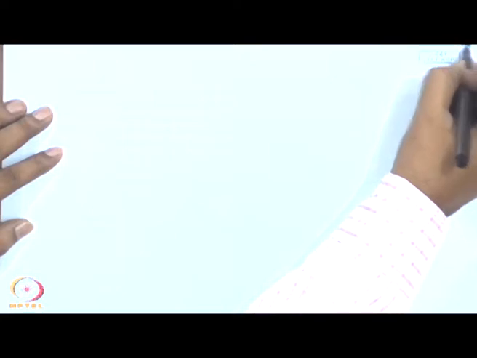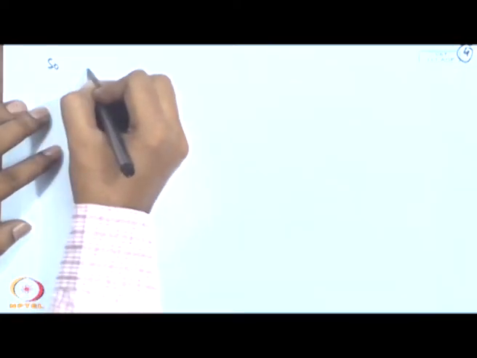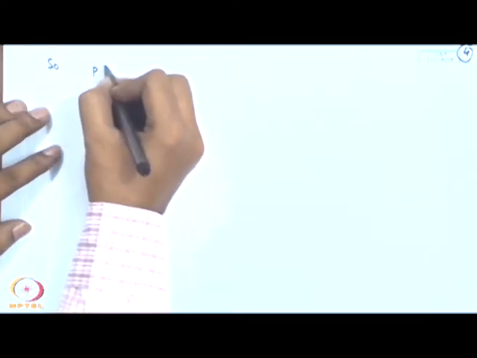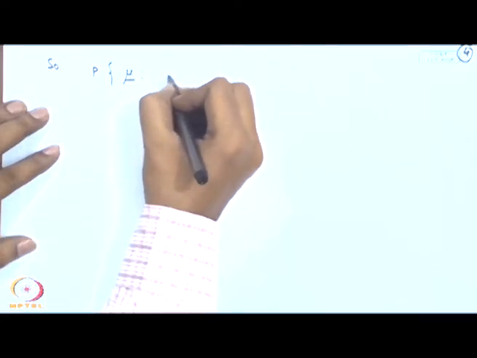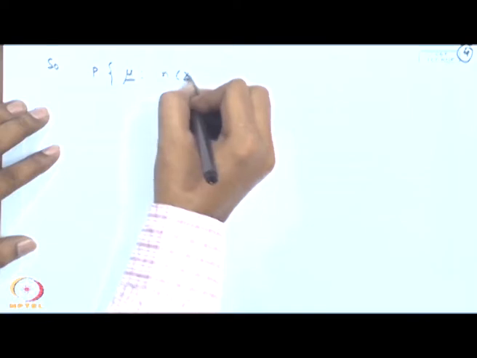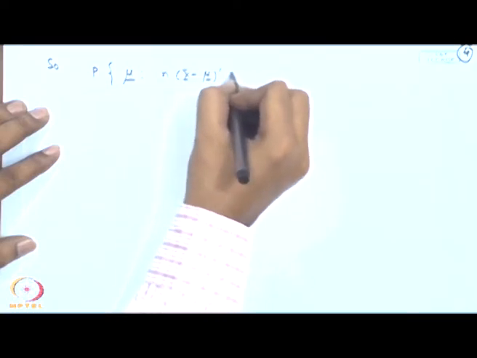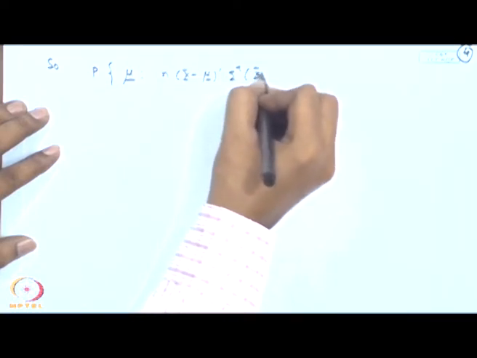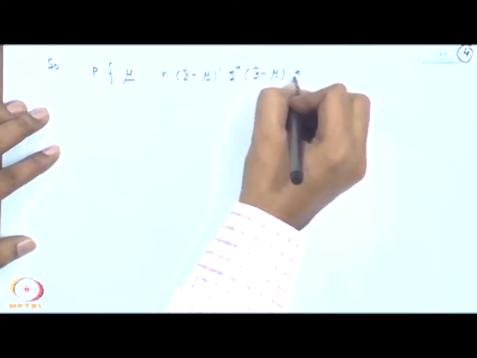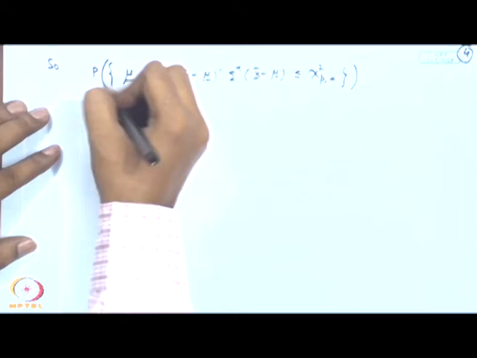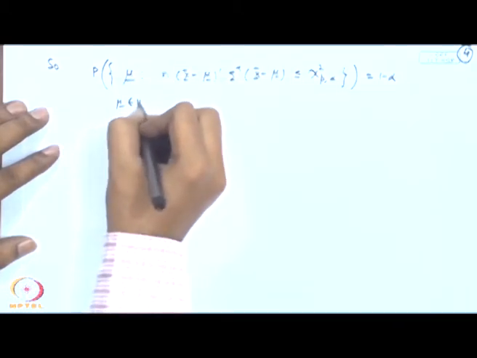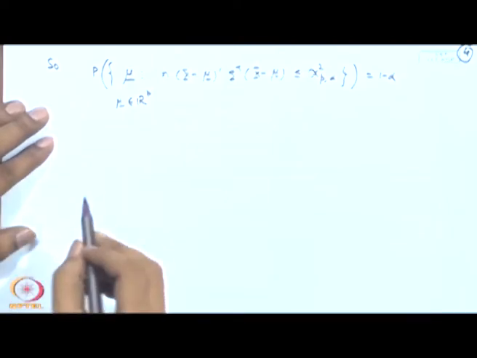So, if I consider probability of the set of all those mu's for which n (x bar minus mu) transpose sigma inverse (x bar minus mu) is less than or equal to chi square p alpha, then this is equal to 1 minus alpha, where mu is a vector in p dimension.